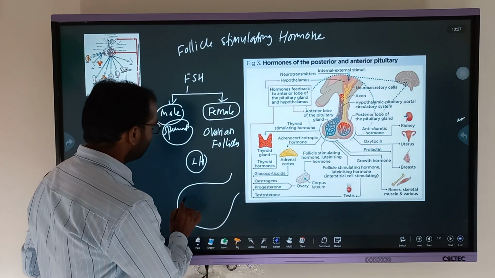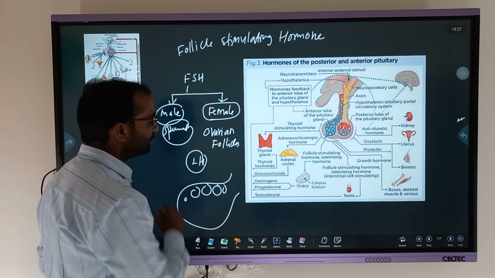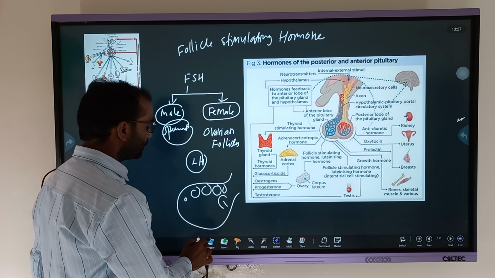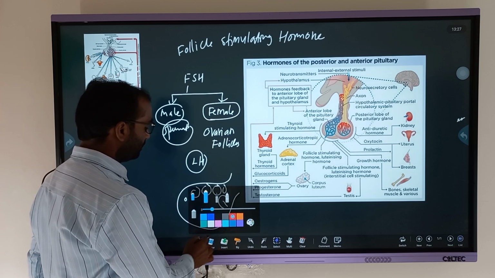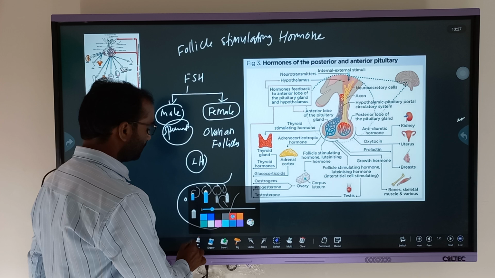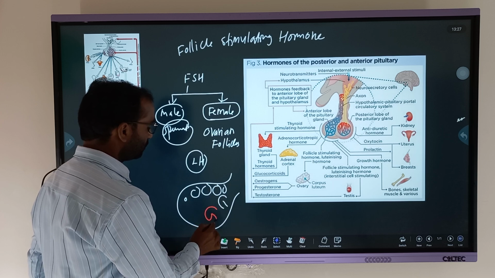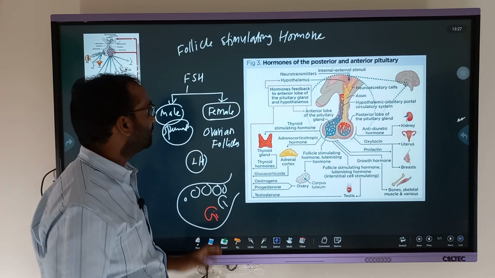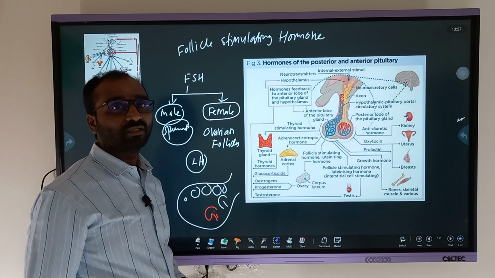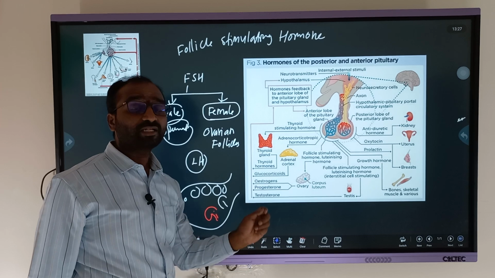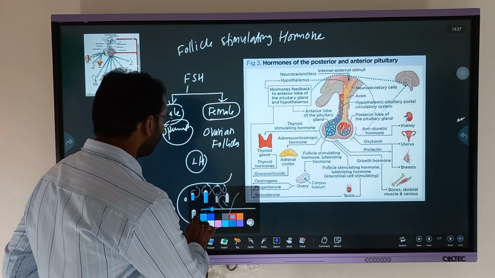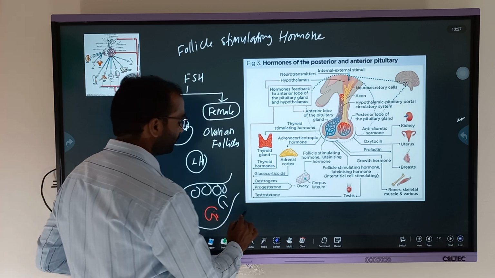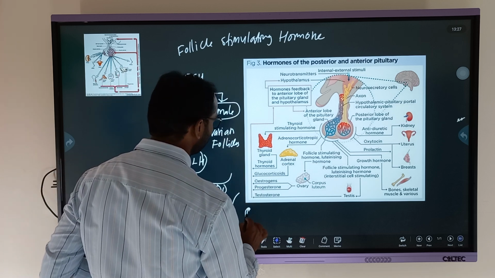In the ovary, the follicular size increases, then it matures, ruptures, and the ovum is released. So the ovulation process is stimulated by FSH. The ruptured follicle will be converting into corpus luteum. Am I clear?